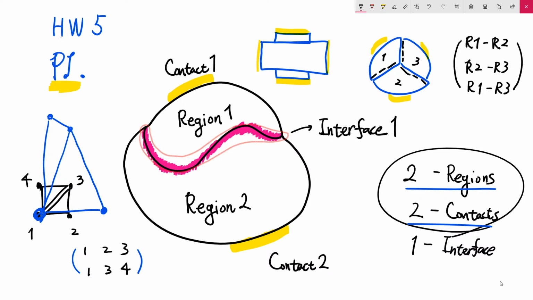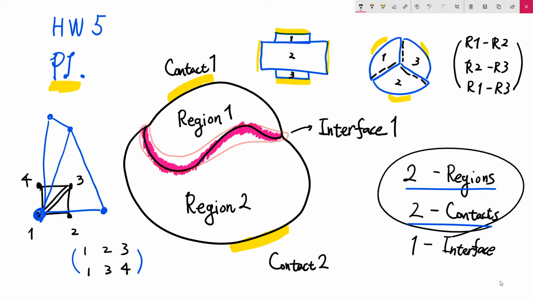Then you don't have to worry about the overall entire regions. Just consider only 2 regions. The interface is solely determined by the connection of one region and another one. Of course, if we say this is region 1, 2, 3, then if we try to find the interface between 1 and 2, we will find something.